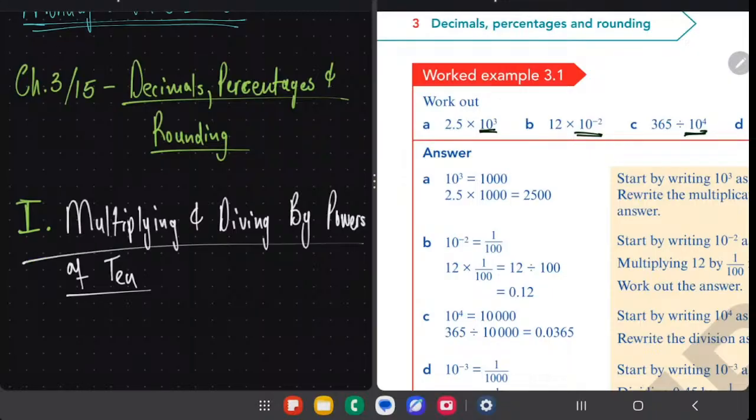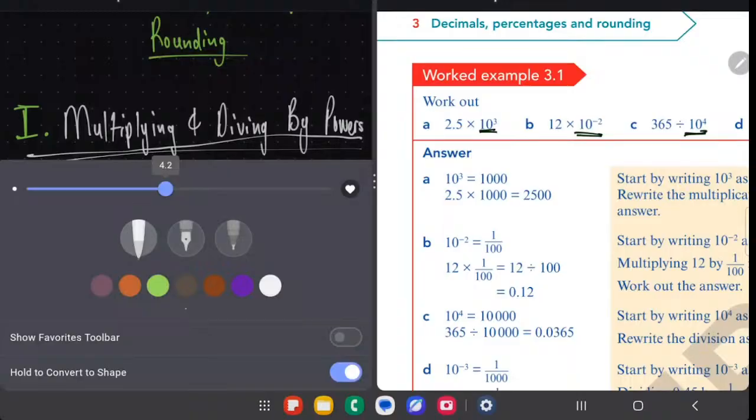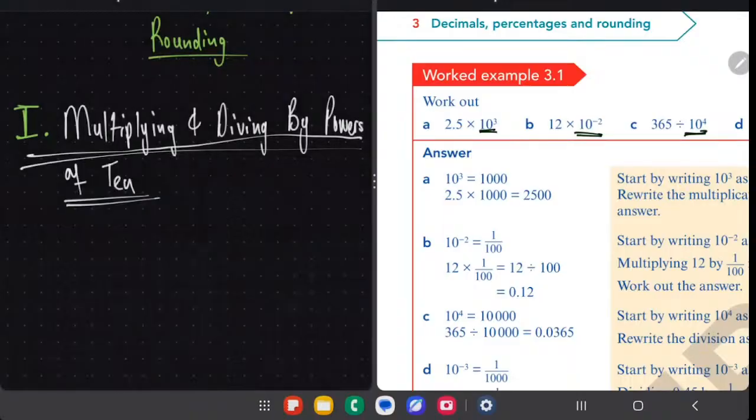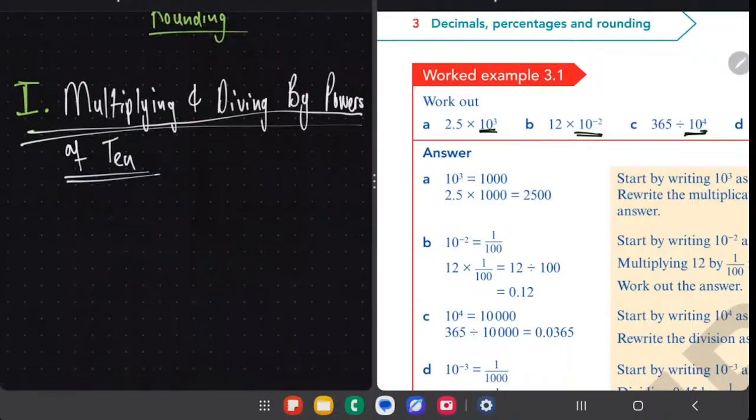How you do it is you must know what each power of 10 means. Do you want to multiply and divide by a power of 10? Yes, sir. You have to know what each power means. Do you hear me? What must you know? What each power means. So, let's start with the positive ones.